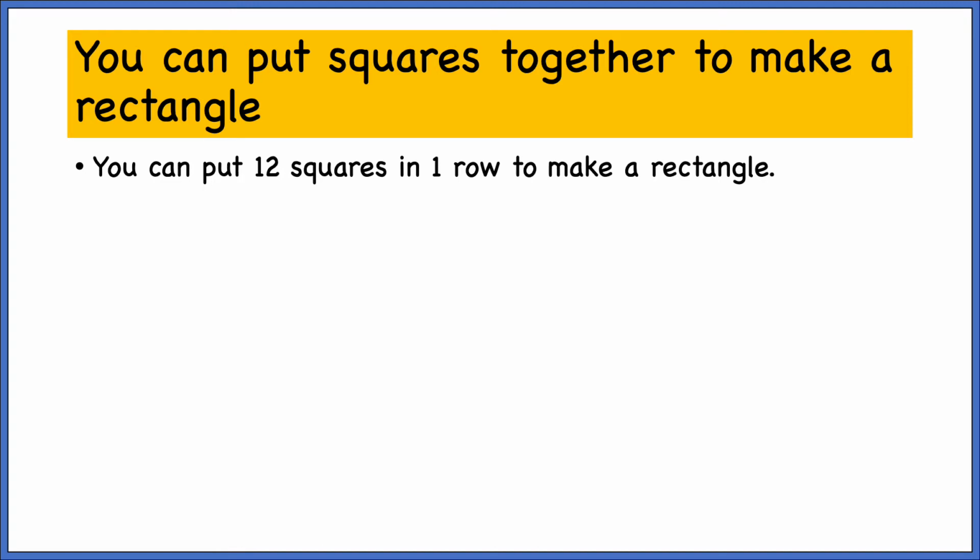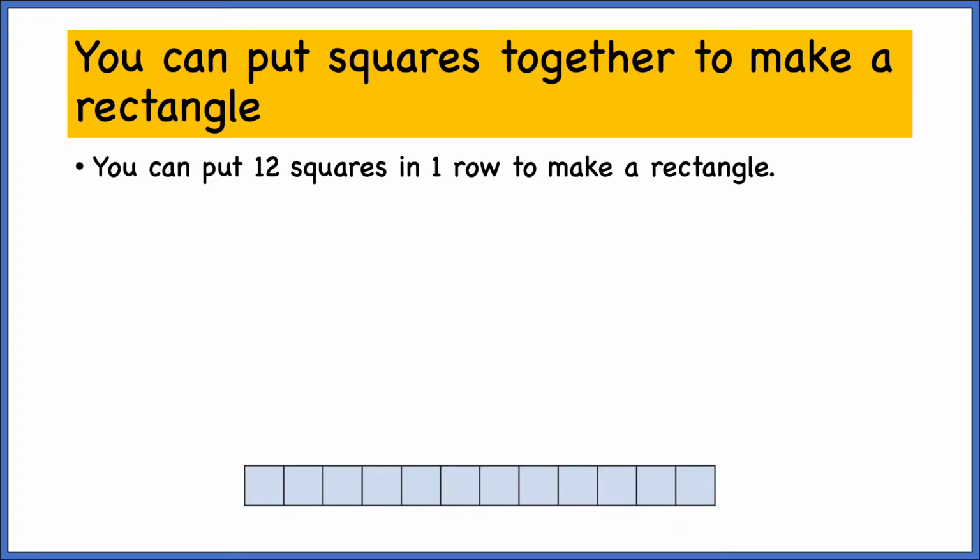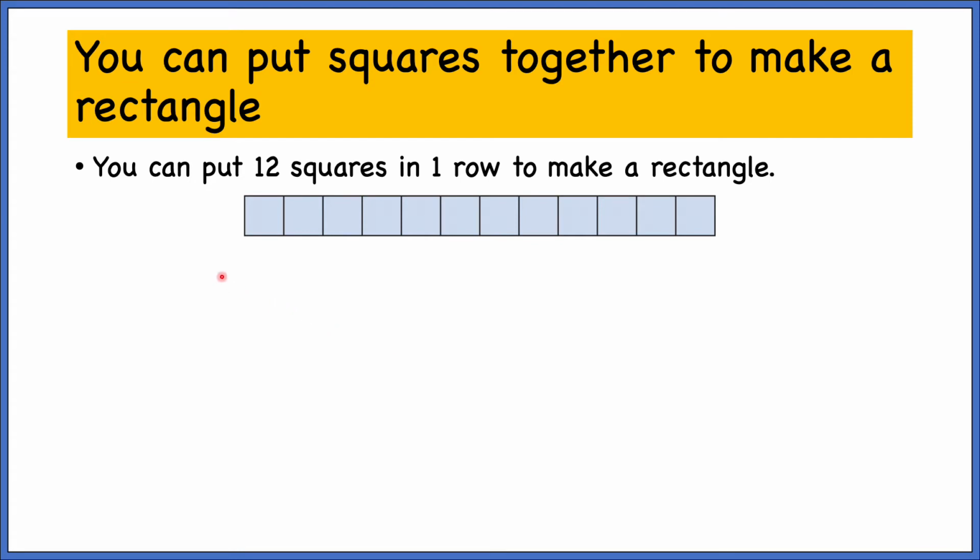You can put squares together to make a rectangle. You can put 12 squares in one row to make a rectangle. It makes a very long, skinny rectangle. And to count those squares, you would just count by ones. 1, 2, 3, 4, 5, 6, 7, 8, 9, 10, 11, 12.